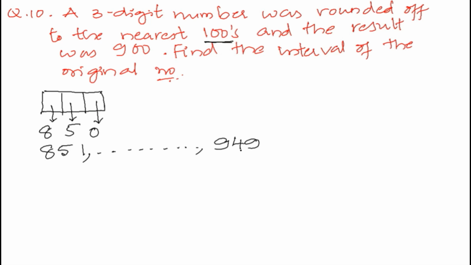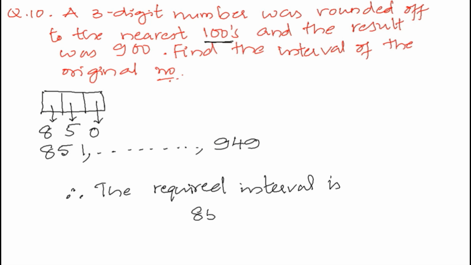The tens place will be 4, then a rounding off will become 900. Therefore, the required interval is 850 to 949.